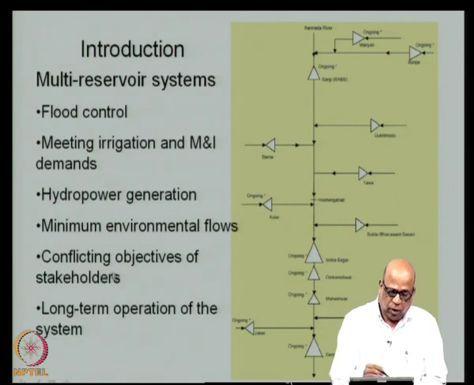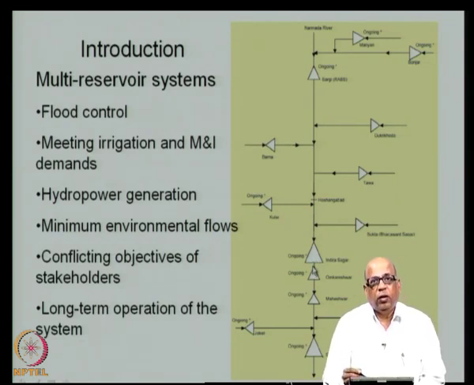There will be conflicting objectives of stakeholders. By that I mean, when you construct a reservoir, the forest may be submerged, the villages may have to be relocated and so on, and therefore, what is good for irrigation may not necessarily be good from the environmental, ecological, socio-economic aspects and so on.